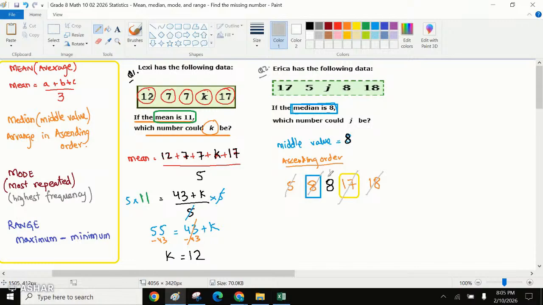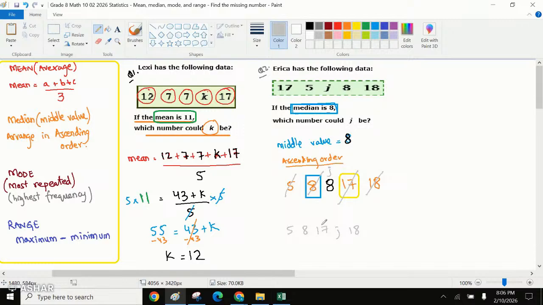So this was the possible value of j, right? Do we agree? If we put 8 anywhere else, let's see, if I put 5, 8, 17, j, and 18, right?